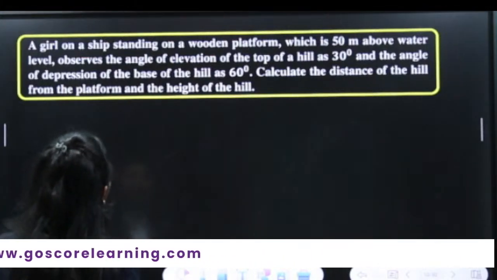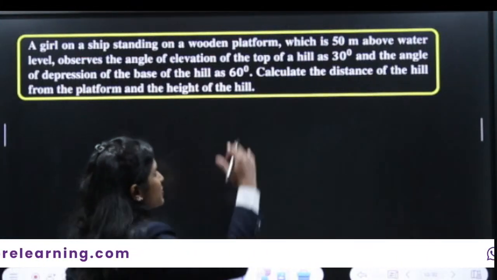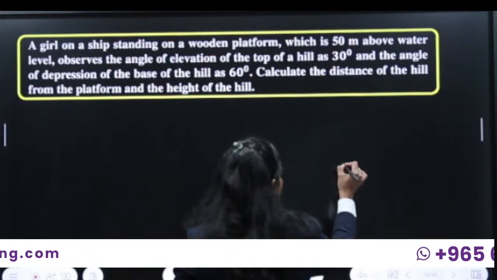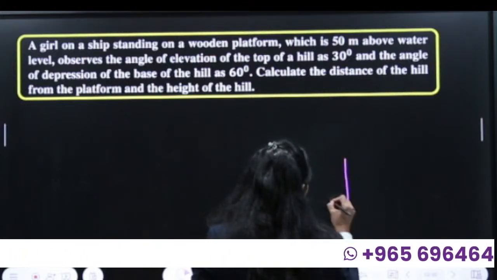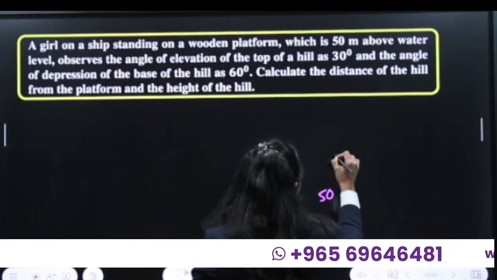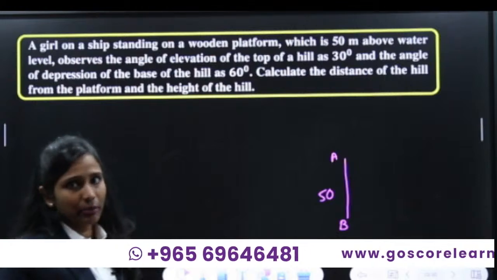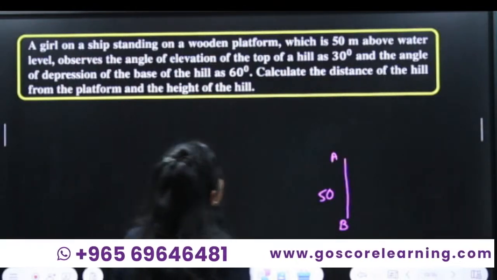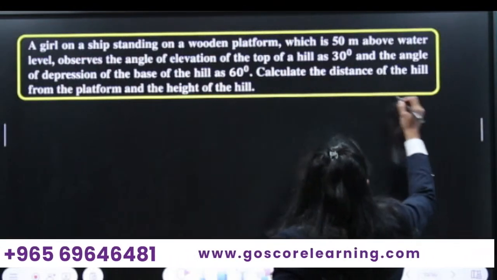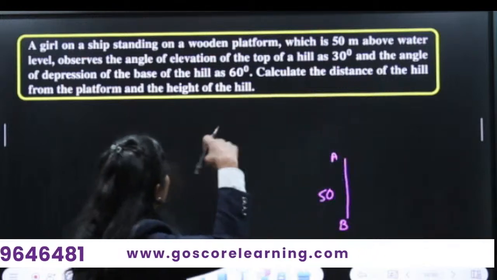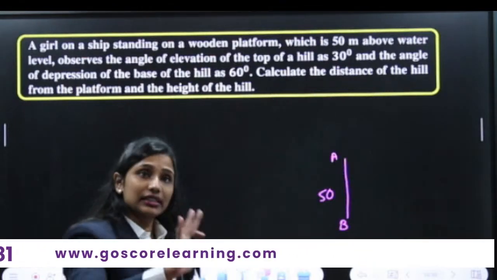So we have a wooden platform which is 50 meters above the water level. Okay, we can take it as we have a wooden platform here, and the girl is standing here, so that will be AB. Okay, it is 50 meters. Then there is a hill, so there is an angle of elevation. So the girl is looking upwards.